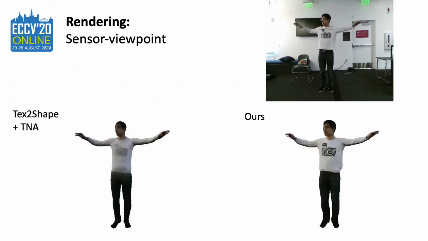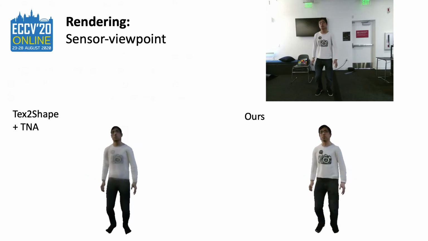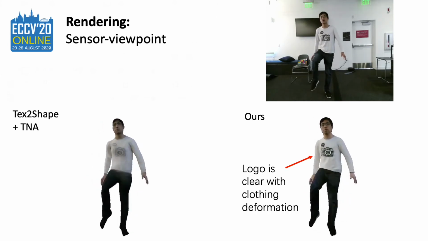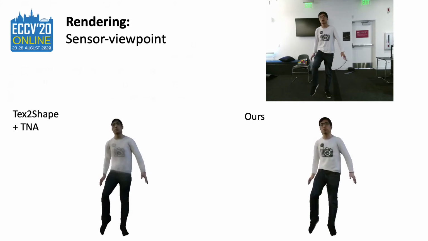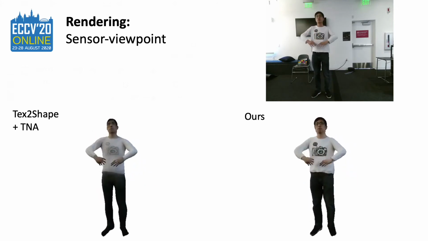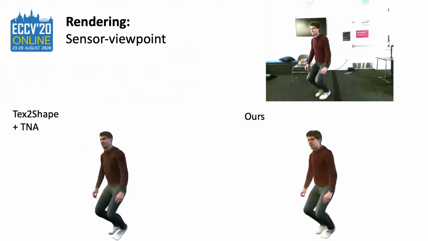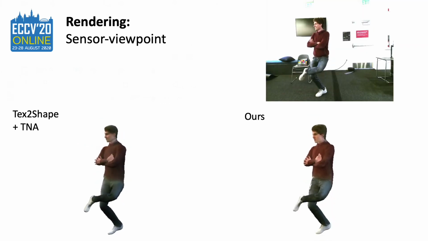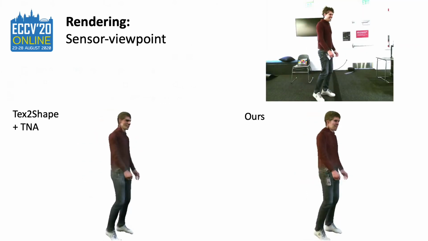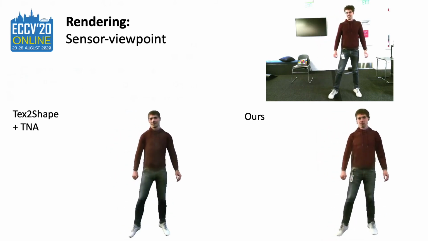Here are the rendering results. The textured reconstruction enables high-quality rendering, where we can see the clear logo on the shirt. Compared with the baseline, our rendering color is more faithful to the original video.